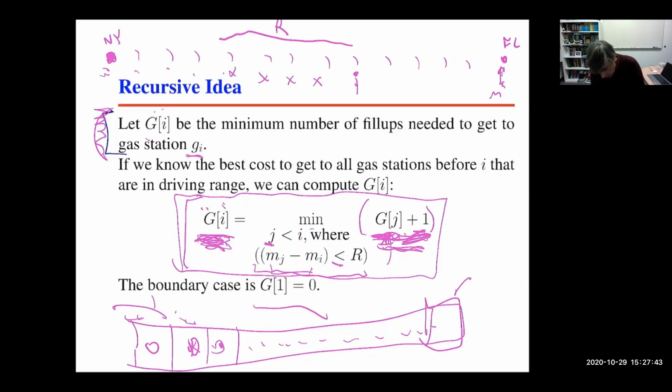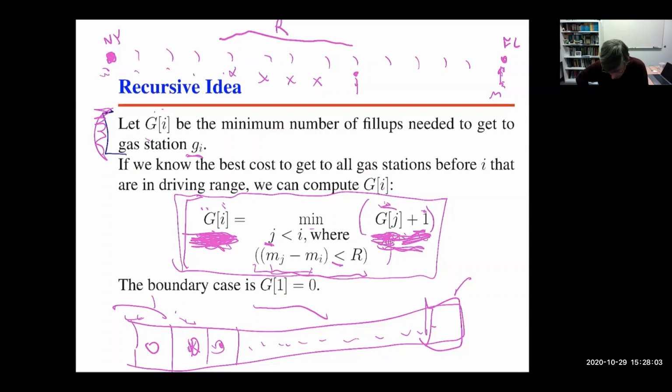This says, what is the cheapest way, the fewest stops, to get to the ith station? Well, I'm going to have to stop at some previous station and make one more stop than it took to get to my previous stop.